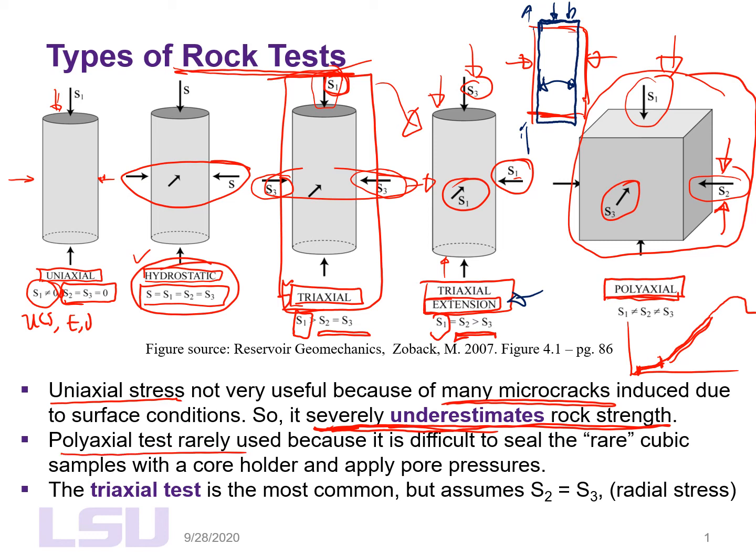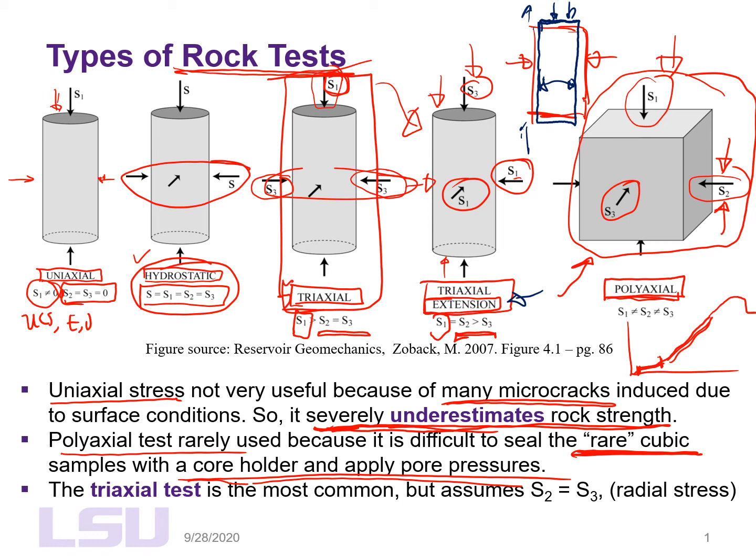I already talked about this test being difficult, because it's difficult to even get cubic core samples. Obviously, we don't have cubic core holders, but this can actually be designed, right? But how do you get a cubic core sample when your wellbore is cylindrical?